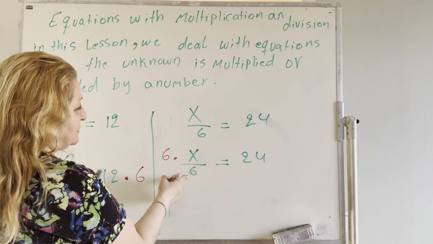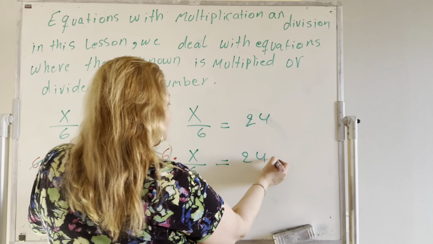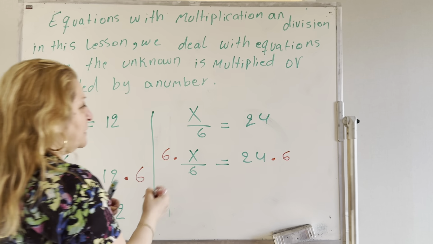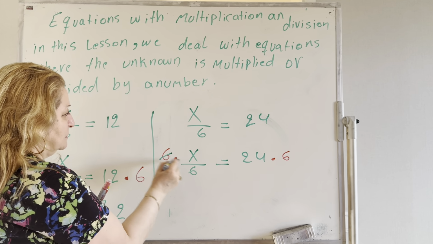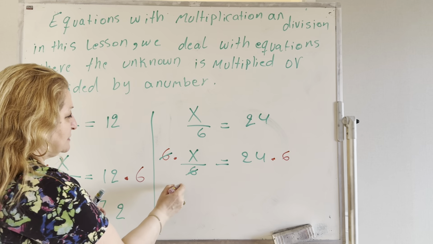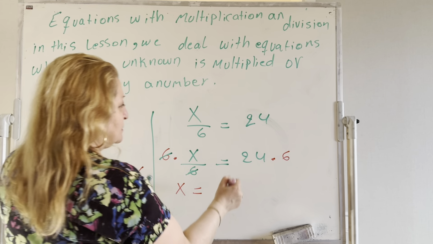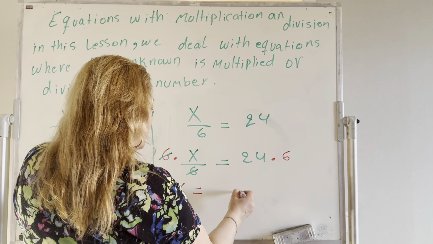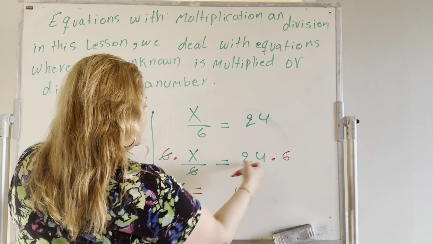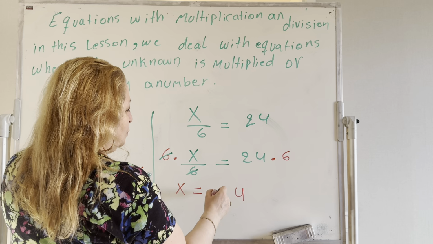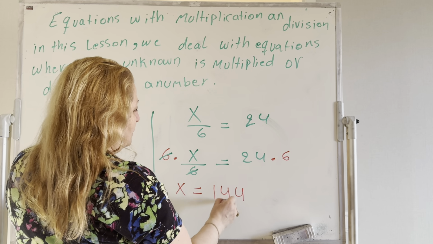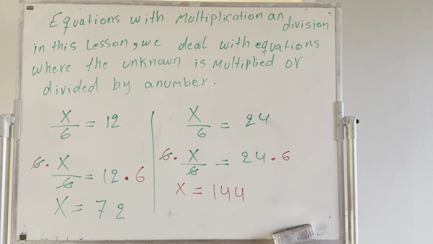I multiply by 6 because I want just x on one side. Multiply the other side by 6. Shorten 6 with 6. x equal 6 times 24, which is 144.